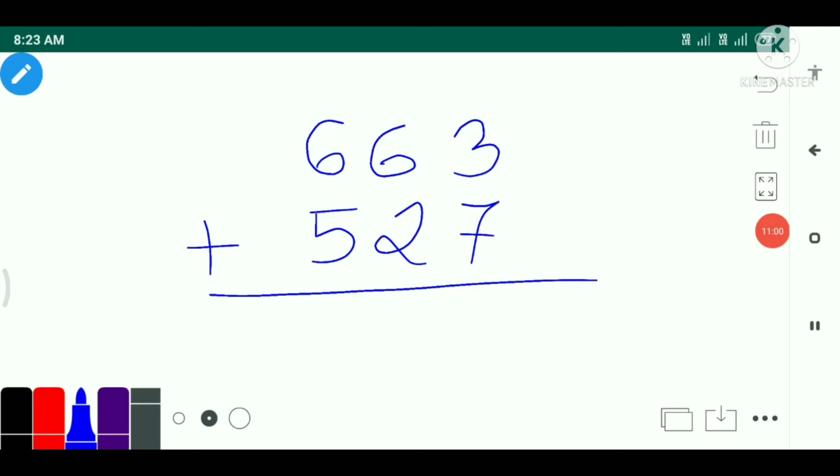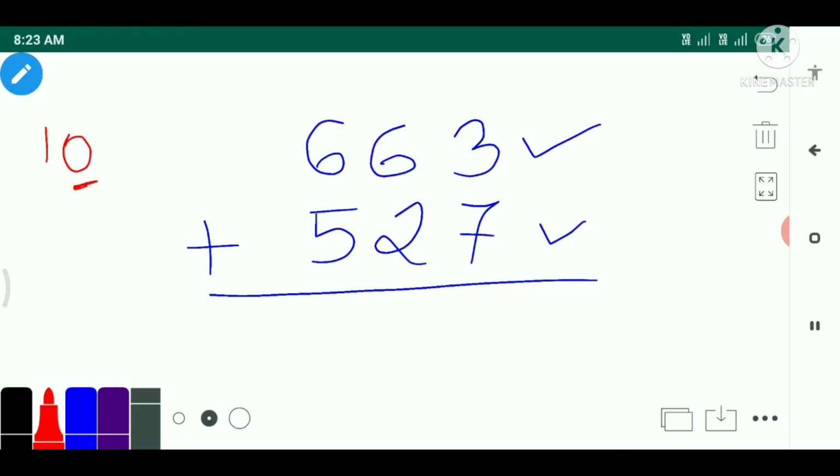So this much of horses are there and this much of cows are there in the farm. So total how many animals are there? Let's see. So now we'll add the ones place value, right? So 3 plus 7, it will be how much? 3 plus 7, it will be 10, right?